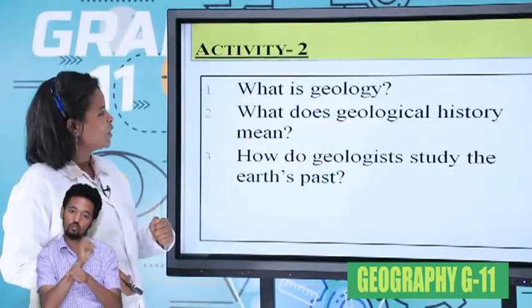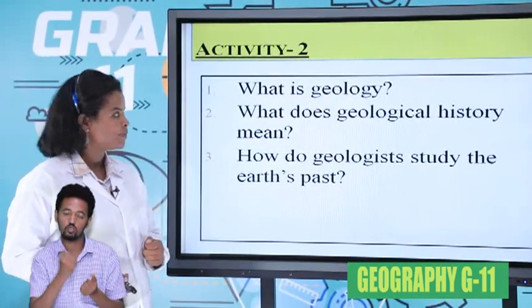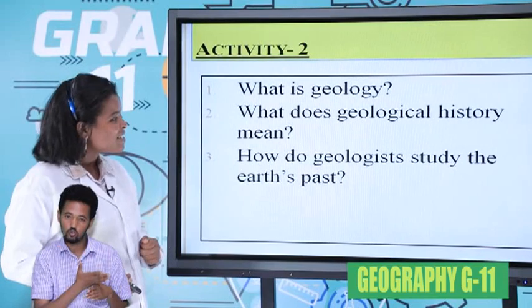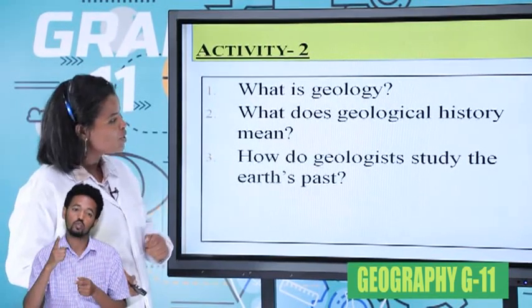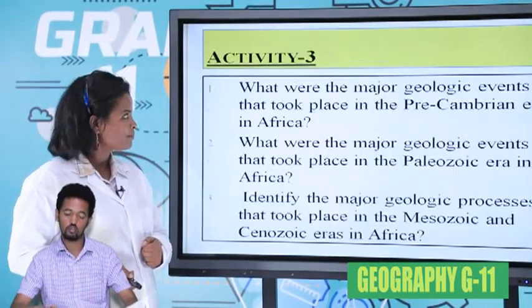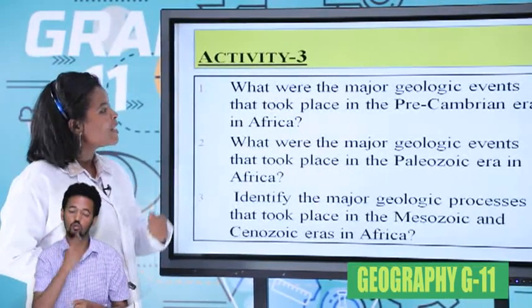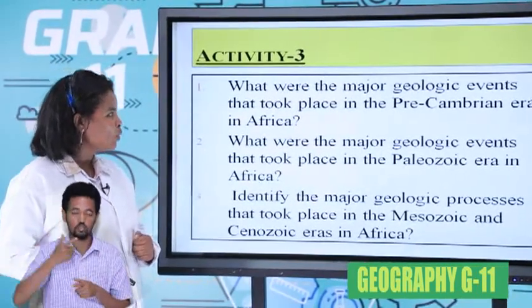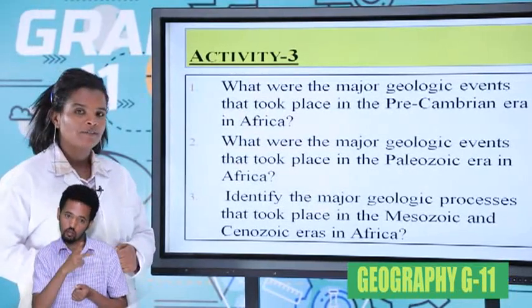Activity 2, the first question is, what is geology? Second, what does geological history mean? Third, how do geologists study the Earth's past? Activity 3, question 1. What were the major geologic events that took place in the Precambrian Era in Africa?